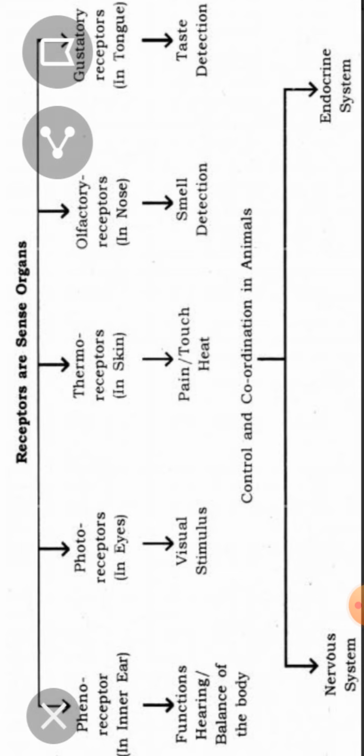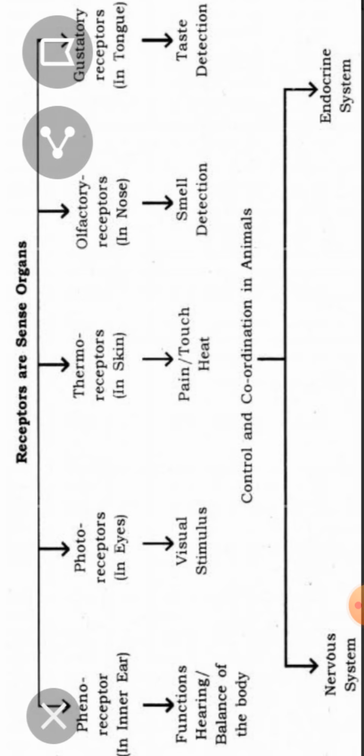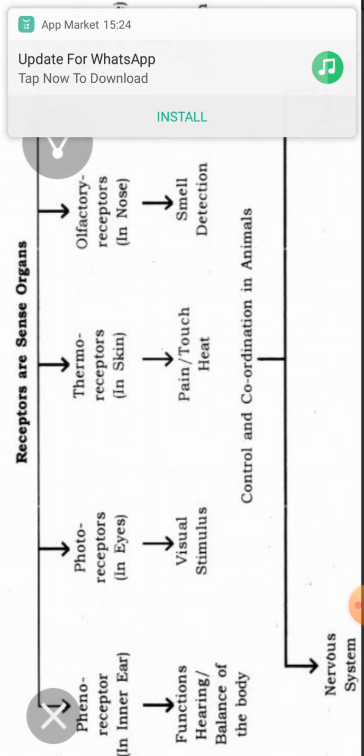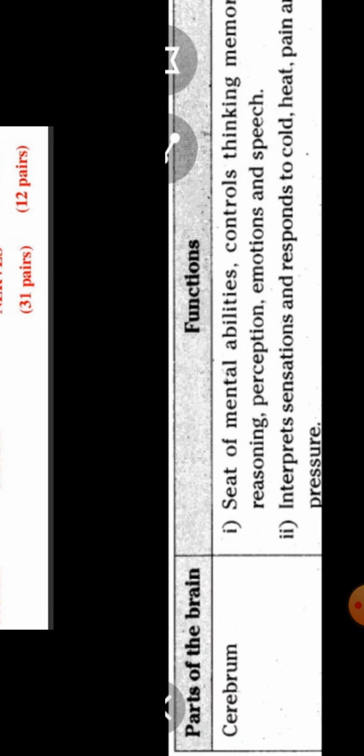These five are the sense organs and they are named according to their function. Gustatory is responsible for taste, olfactory is for smell, thermo is for touch, photo is for visual effects, and pheno is for hearing or balancing the body. This also we are going to take up.